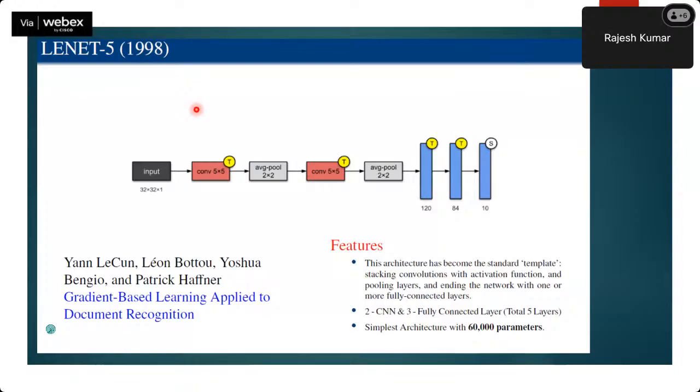Now, I hope if you understood the earlier section, it's now easy to understand it. So there is an input layer, and it was initially designed for a 32 cross 32 cross 1 image. Then they used a convolution layer with a filter size of 5 cross 5.